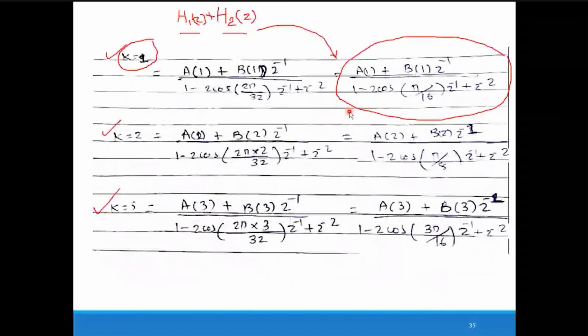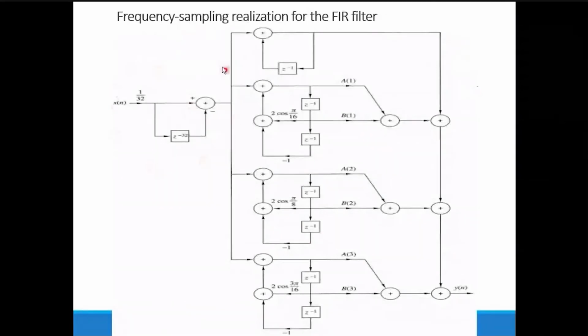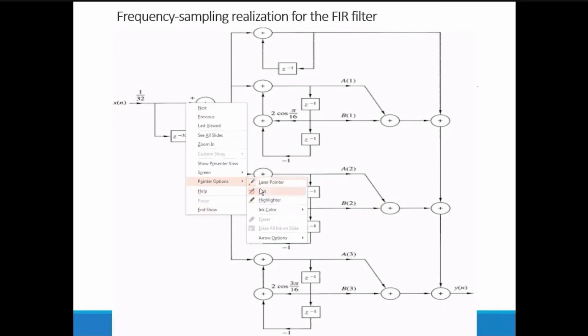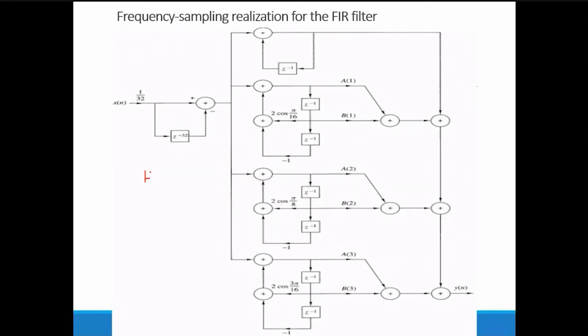So in this structure, this is the first part, H1(z). Here the scaling factor is 1/2, the delay element is z^-3, and this gives you H1(z), the first value.